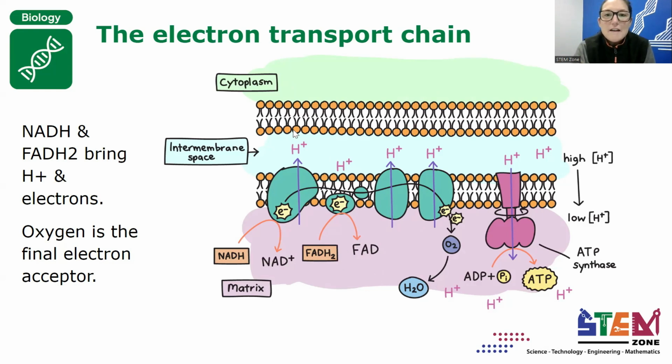Cool. So you have these proteins embedded in the membrane that transport electrons. So it's called the electron transport chain. Your friends NAD and FAD are needed to drop off electrons to drive the electron transport chain.